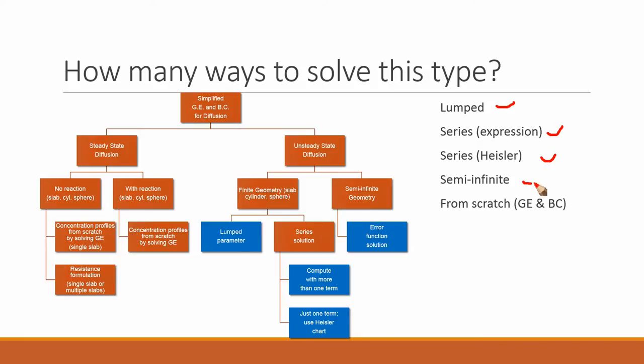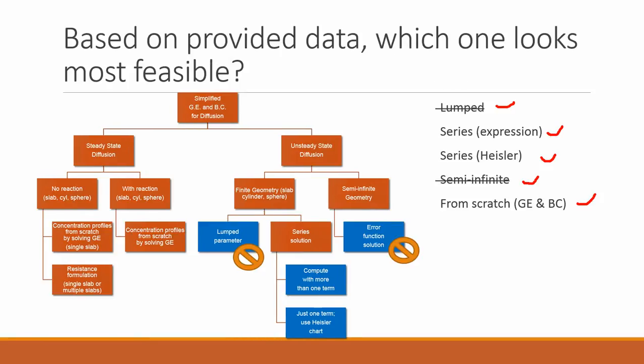And then semi-infinite is an early time solution or a very thick material solution. And if none of these solutions are appropriate, we can always start from scratch. So those are the 5 different ways of doing things, but we have to now reduce from this list.